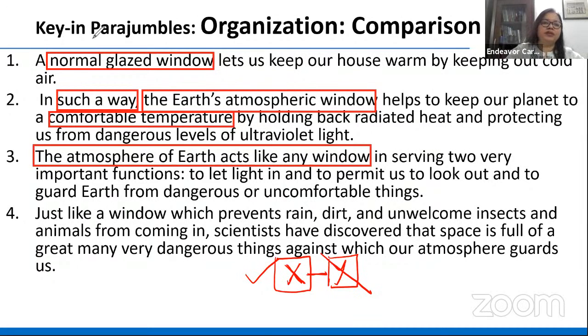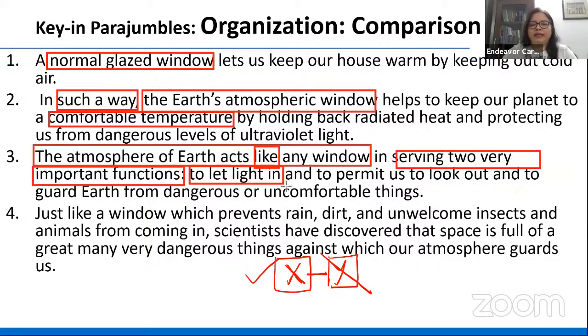And another important thing that I find here is that sentence 3 talks about the atmosphere of Earth acting like any other window in serving two important functions. So there is function 1 and there is function 2 that is mentioned. What is function 1? To let light in and to permit us to look out. The second is to guard Earth from dangerous or uncomfortable things.